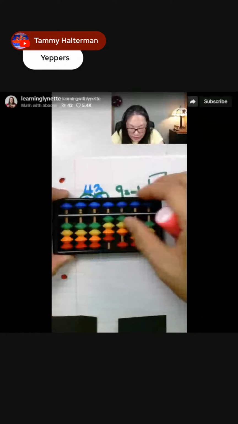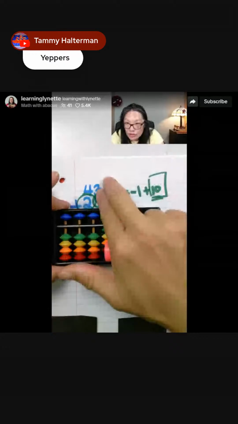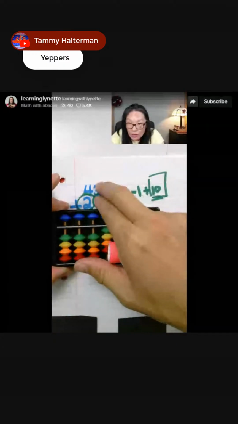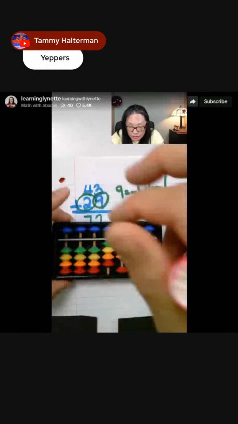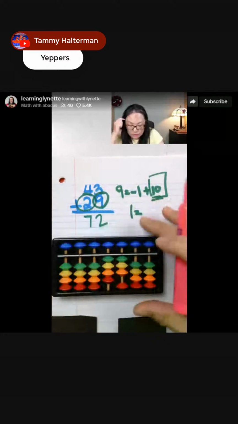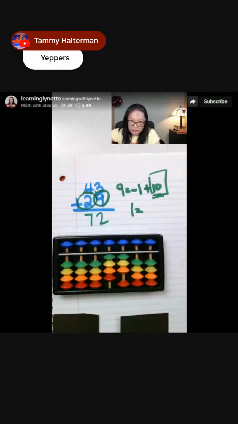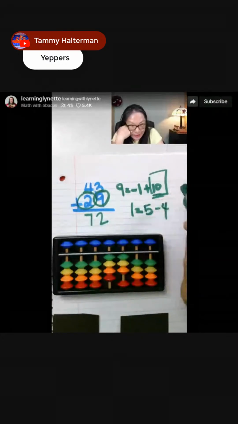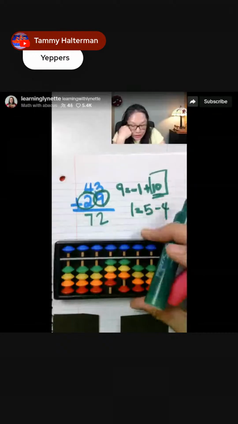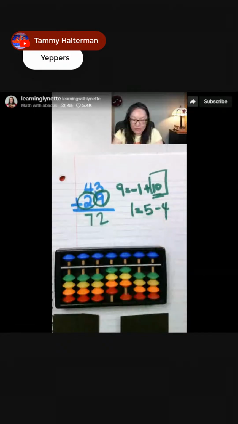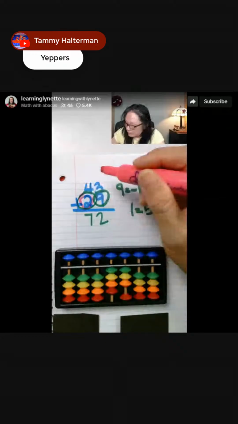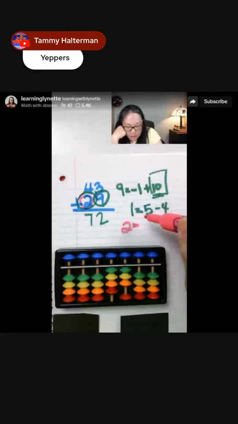No, I cannot add the 2. 5 minus 4, right? To add the 2. So what am I going to do? I'm over here, adding the 2. Plus the 2 is equal to what? Plus the 5 minus 3. So I'm going to plus the 5 minus 3.